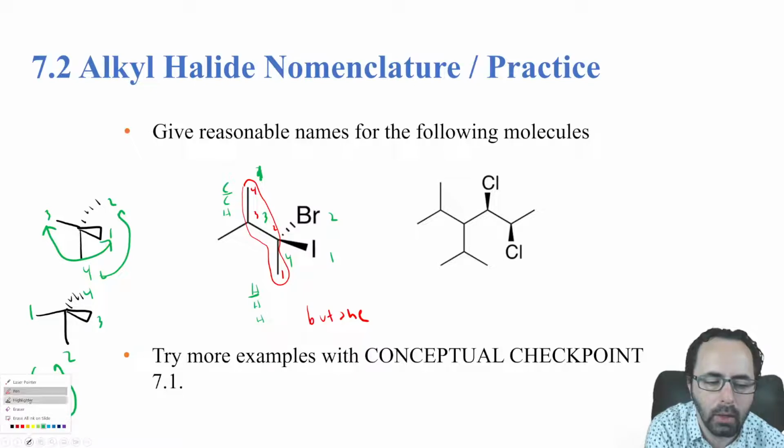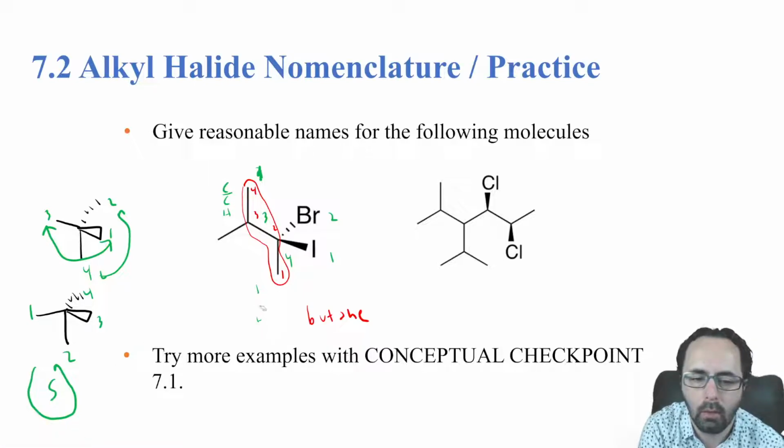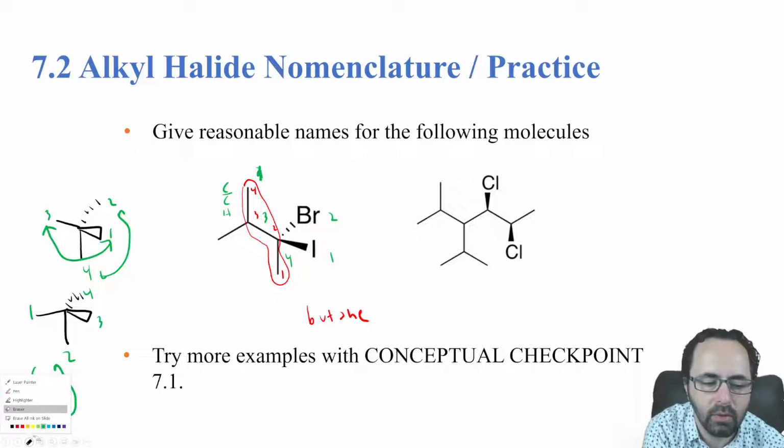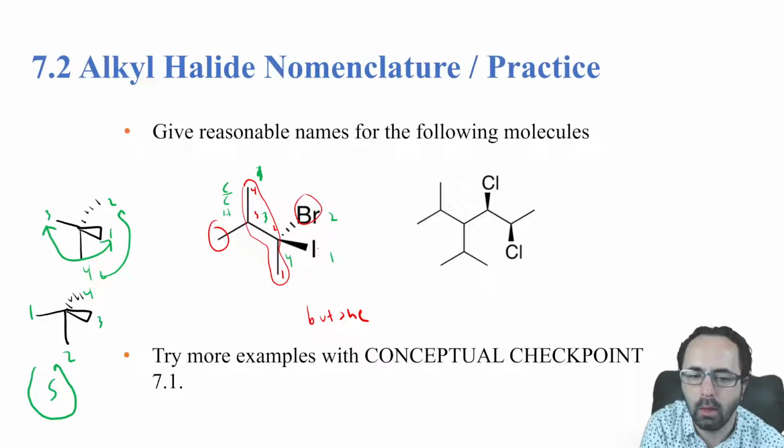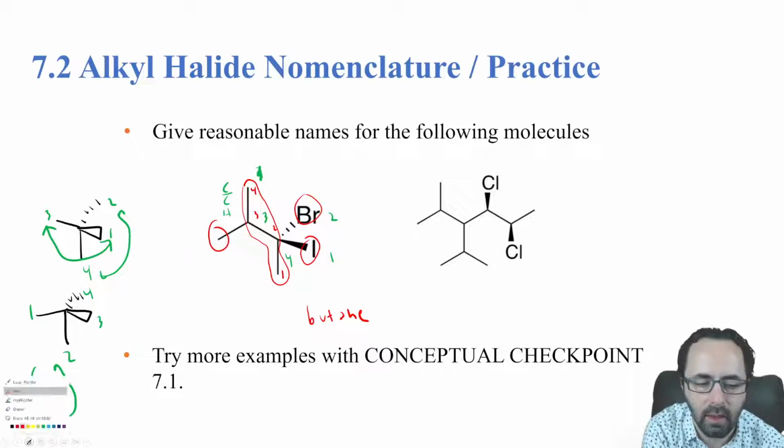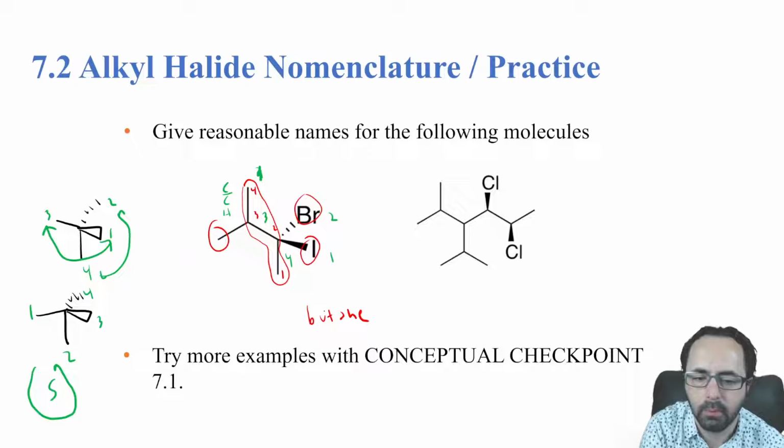So now we're ready to write the name. In terms of the groups, we have 3 different substituents here. We have a methyl, we have a bromo, and we have an iodo. Methyl is going to go last because M comes last in the alphabet. So we're going to say methylbutane, and methyl is going to be on the 3rd carbon. 3-methylbutane.